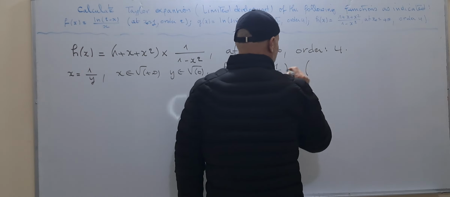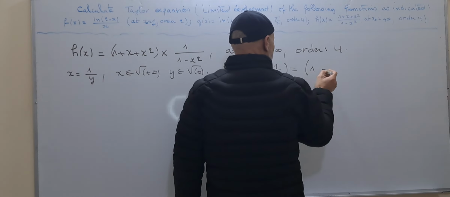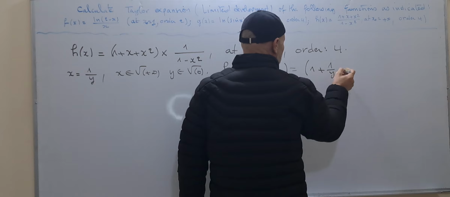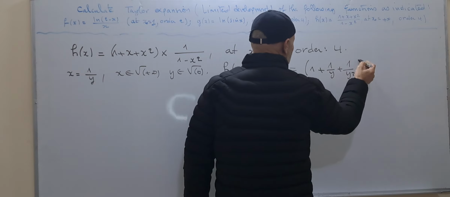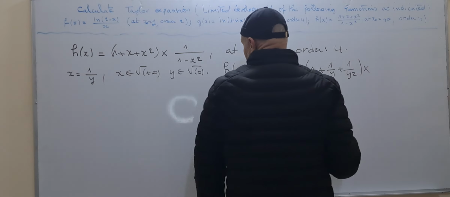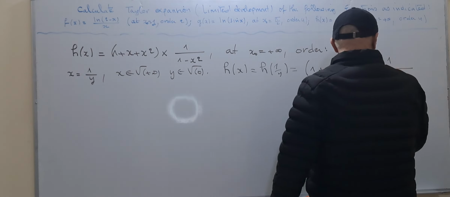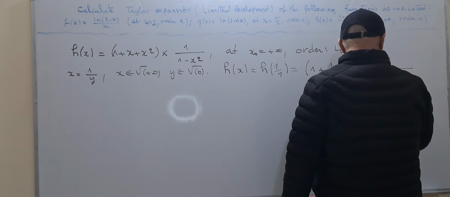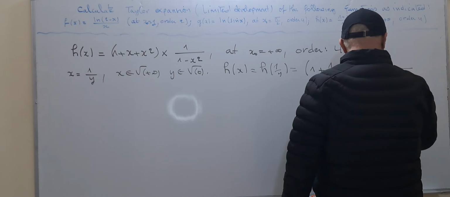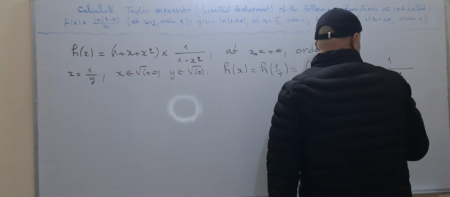It will be 1 plus 1 over y plus 1 over y squared times 1 over 1 minus 1 over y squared.